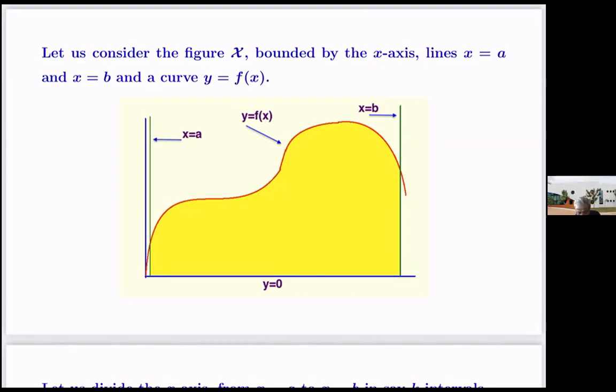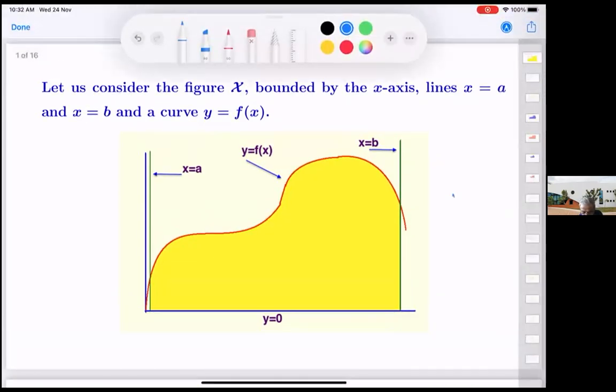We want to look at areas, for example, we can draw some funny shape like this, and we want to work out what is the area inside this.